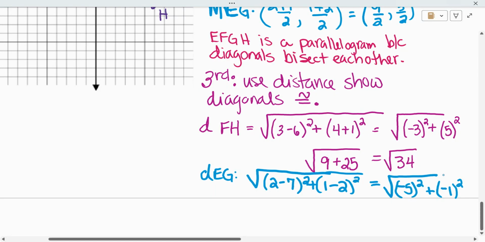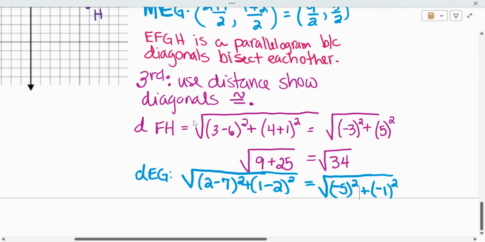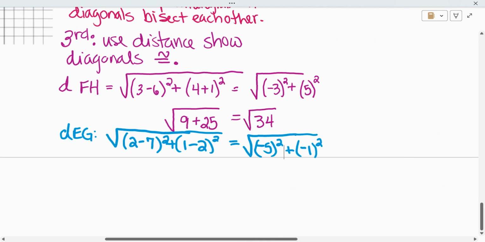It's negative 1. Yeah. What is negative 5 squared? It's positive 25. And what's negative 1 squared? Negative 1 times negative 1 is positive 1. So this equals the square root of 26.